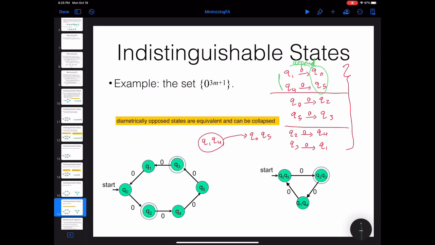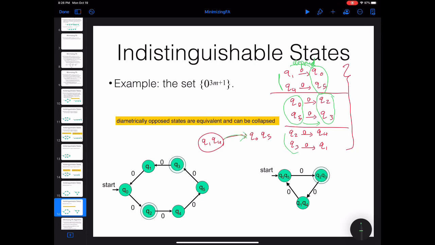Another thing that you can see here is that the equivalency of this pair is going to depend on the equivalency of this pair. See these green edges that I am drawing, this is the dependency.